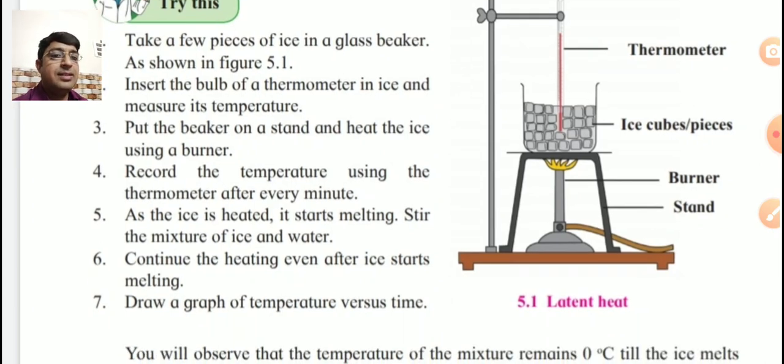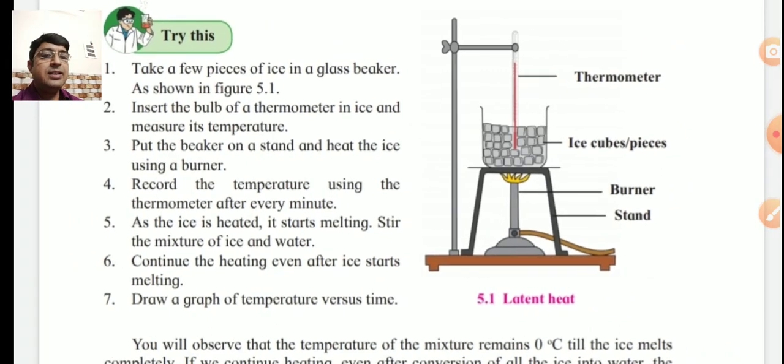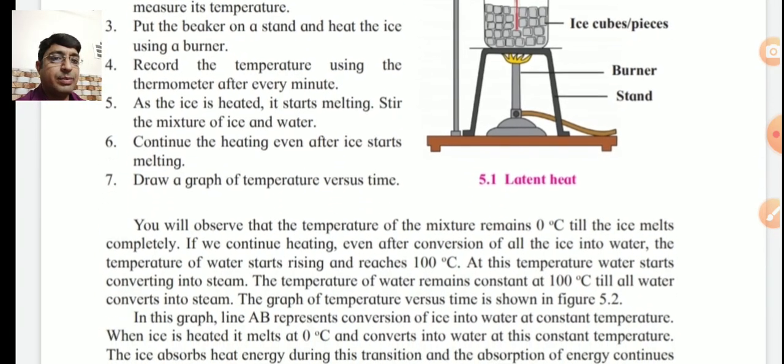As the ice is heated, it starts melting. Stir the mixture of ice and water. Continue the heating even after the ice starts melting. Draw a graph of temperature versus time. After taking a few readings, we try to plot a graph of temperature versus time. I will show that on the next page.